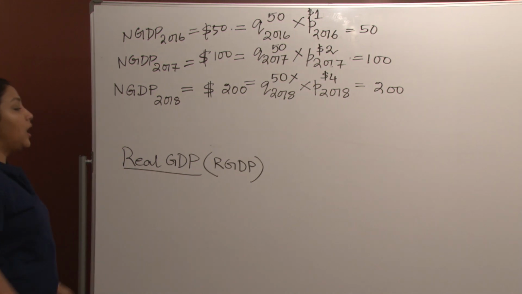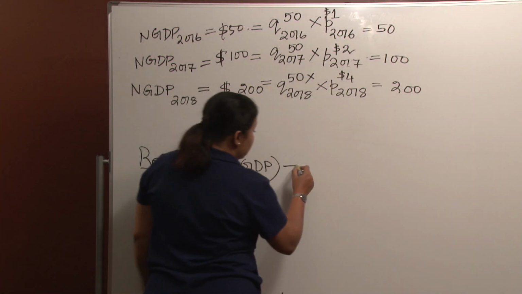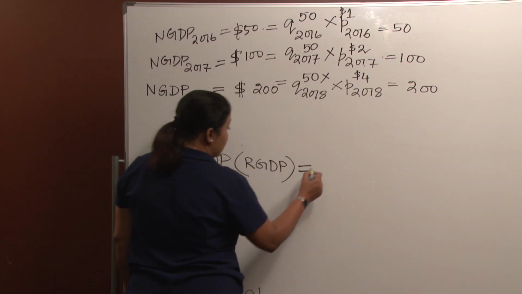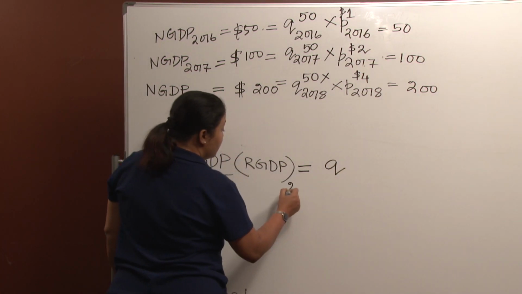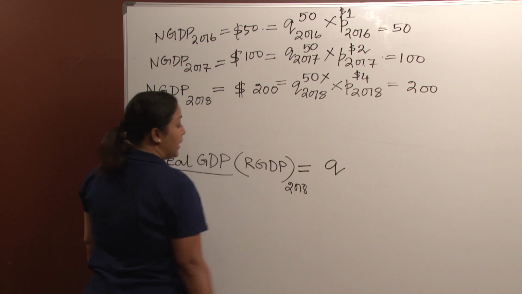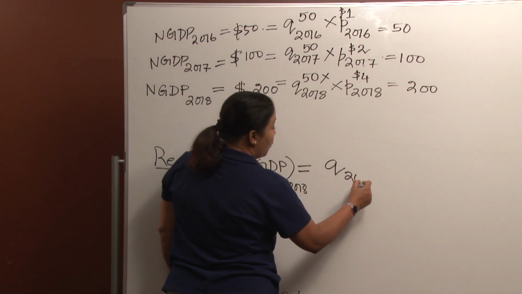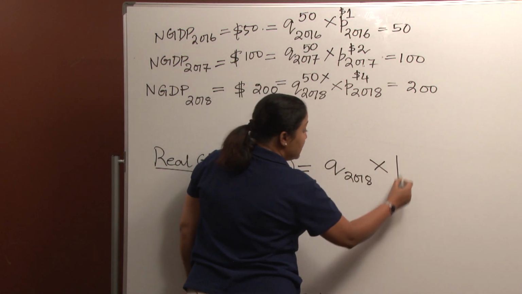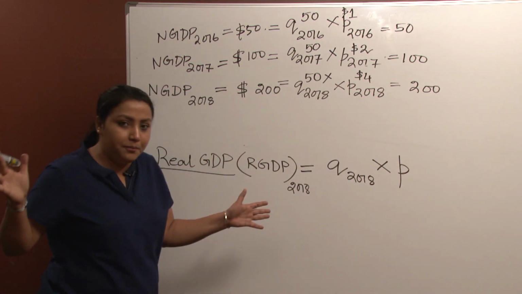Okay. So what the RGDP basically does, it once again looks at the value of the good. So it still takes the quantity of the current year. So if you are doing RGDP for 2018, it's still taking the quantity of 2018, but it is using the prices of some reference year.